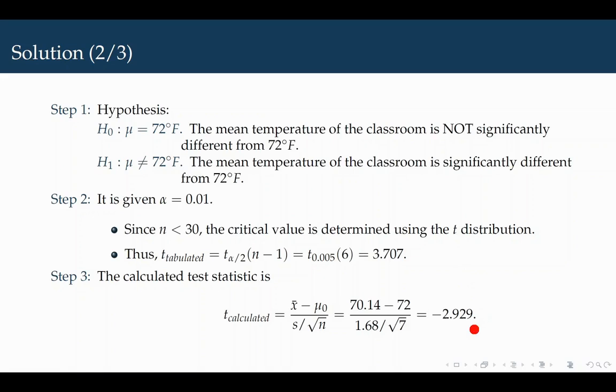So we are going to compare the absolute value of the calculated test statistic with that of the tabulated value. If you consider the absolute value here, it becomes 2.929, which is less than 3.707. So that means here H naught cannot be rejected.